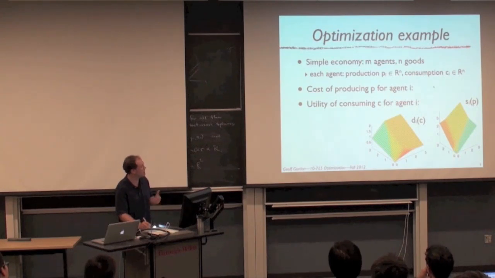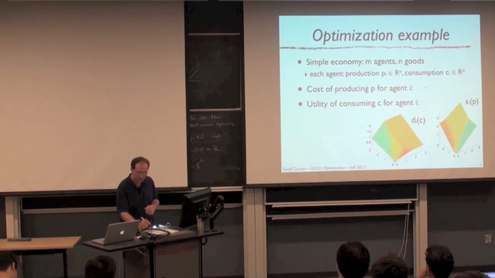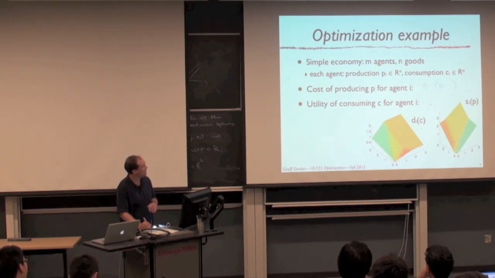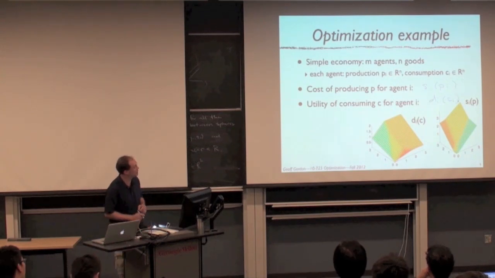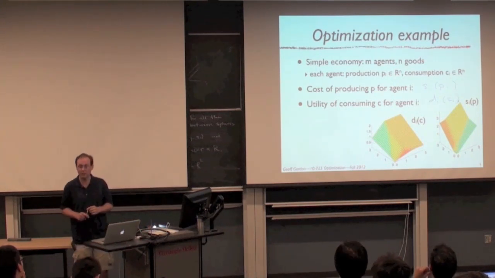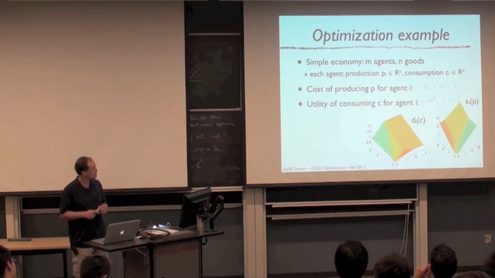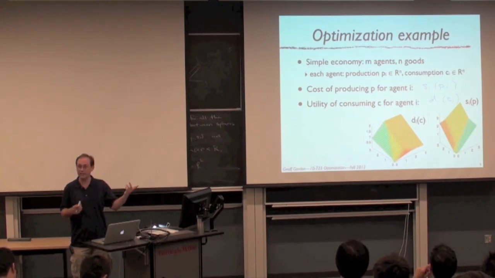So component j of P_i is how much agent i produces of good j, and we'll say that the cost of producing for agent i is S_i of P_i. And the utility of consuming is going to be D_i of C_i. So we'll have a vector both of production and of consumption. They're both length N because there are N goods. S stands for supply, D for demand.